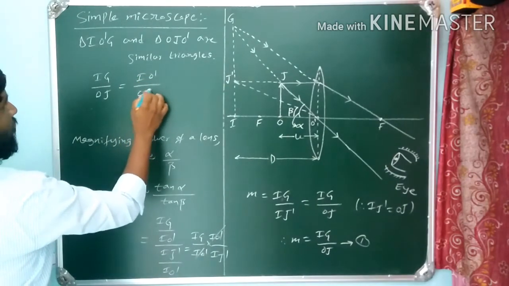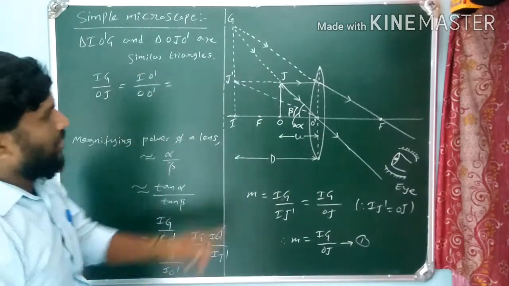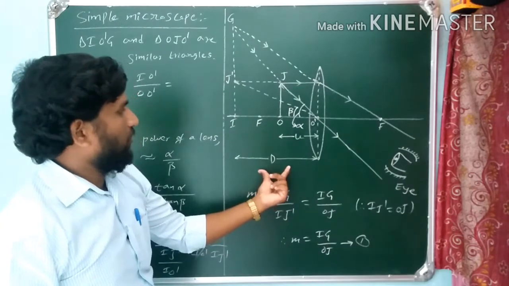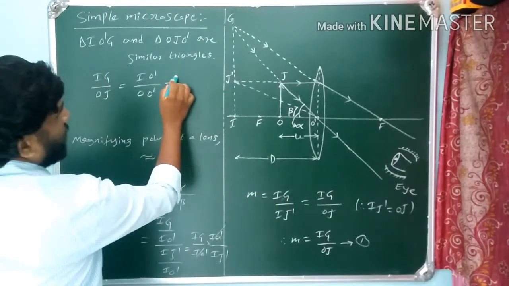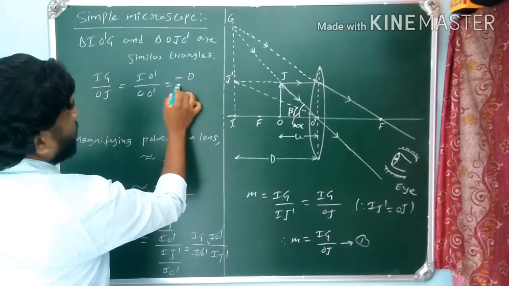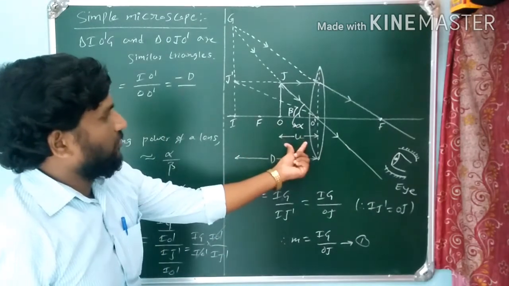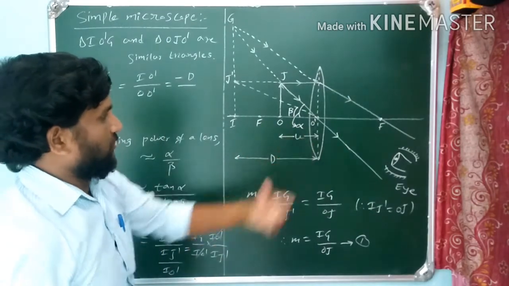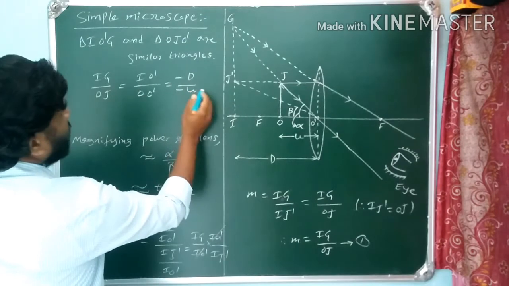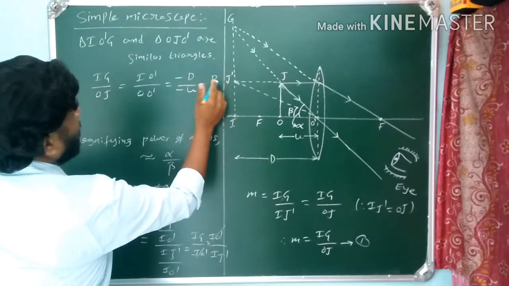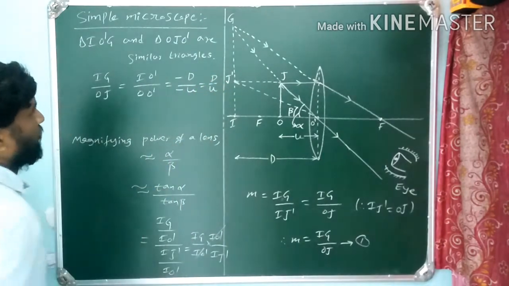IO dash is nothing but D, which is on the negative side, so minus D, and OO dash is the object distance, minus U. That is equal to D by U according to sign convention.